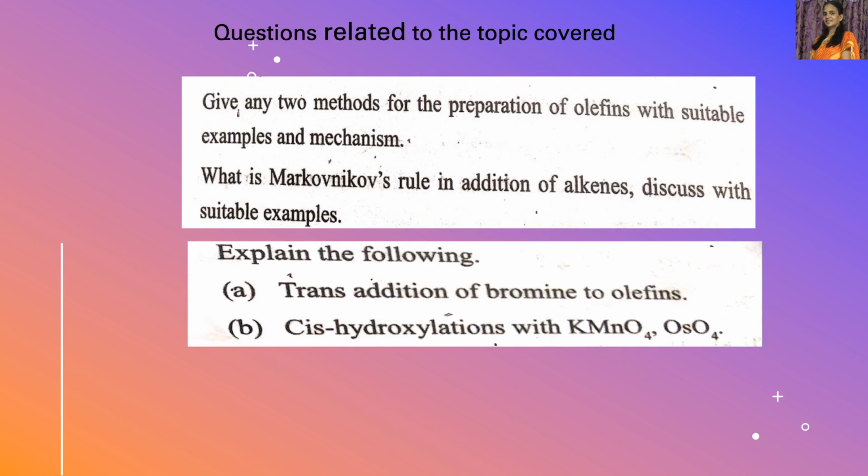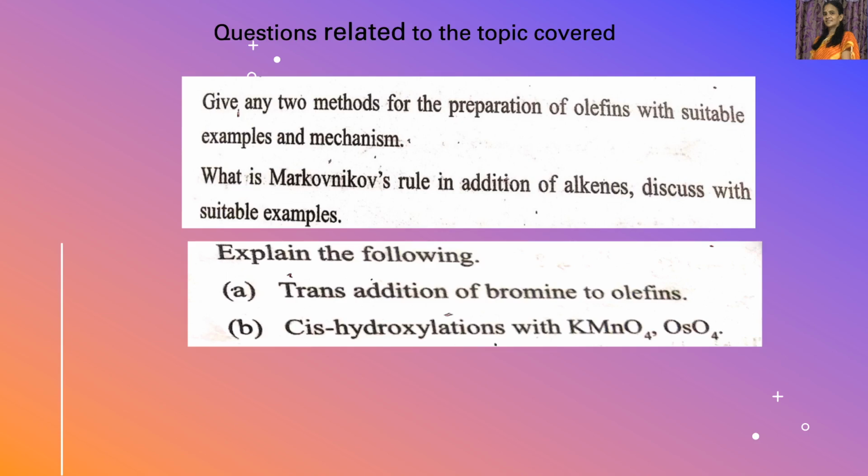There also a cyclic halonium ion will be produced, and afterwards the halonium ion opens with the help of X minus from the backside attack to form a trans dihalide. A vicinal dihalide is produced, which is a trans dihalide. So trans addition of halogens, with bromine as an example, we should discuss, and cis hydroxylation with KMnO4 and osmium tetroxide.